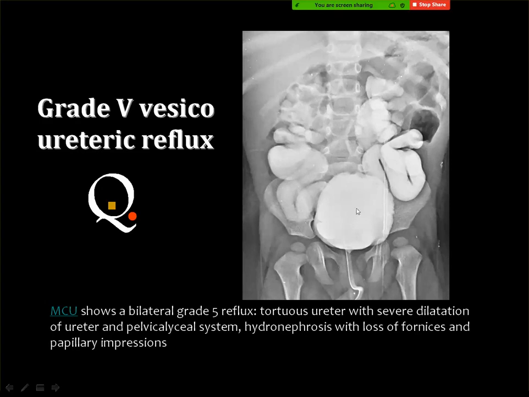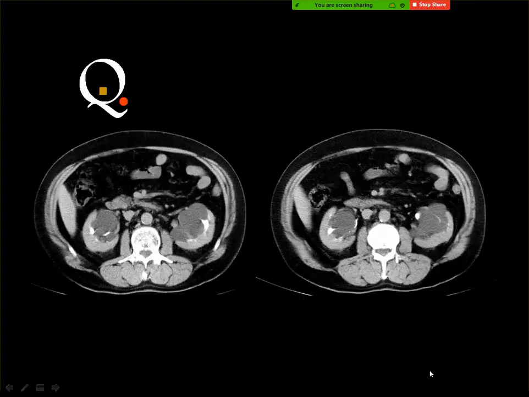In megacystis megaureter, they are not so much opacified by the contrast material, since the kidneys are not excreting contrast in a normal way, and the contrast material will be much diluted. But if you see a catheter here and you see the density of contrast, you know that this is reflux, not megacystis megaureter.